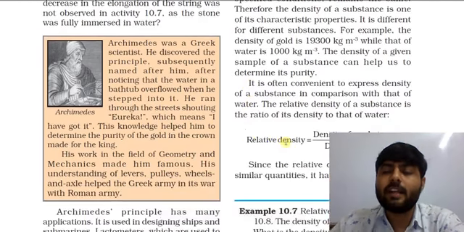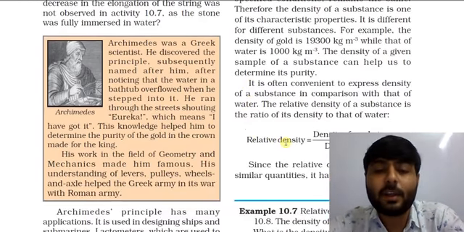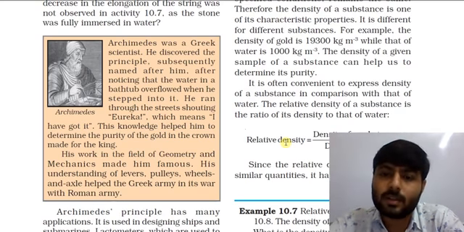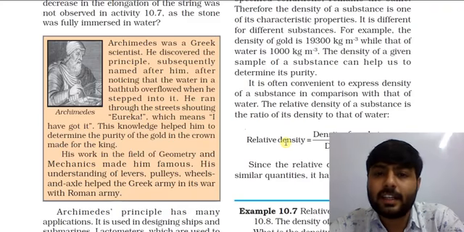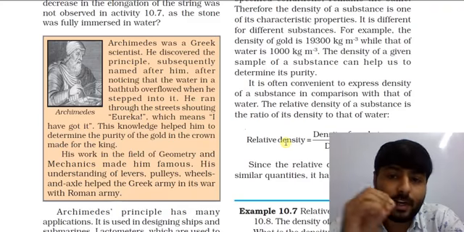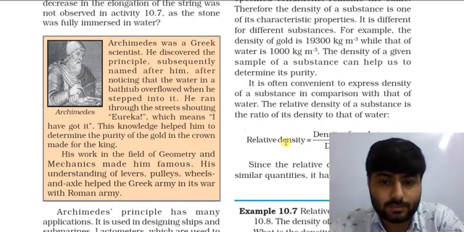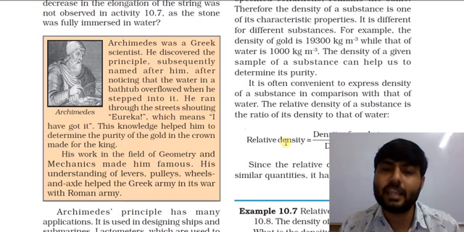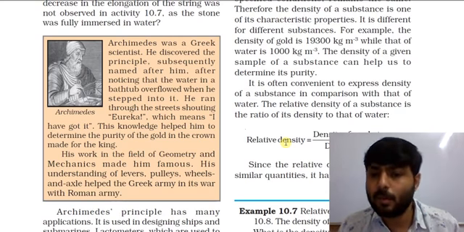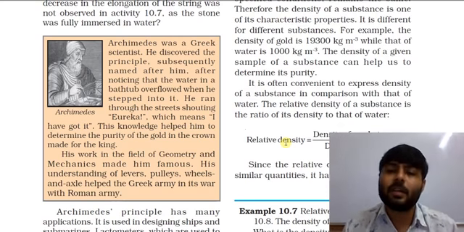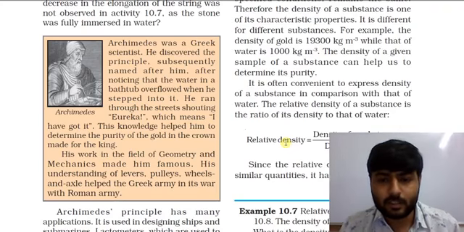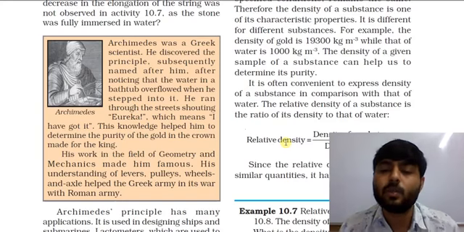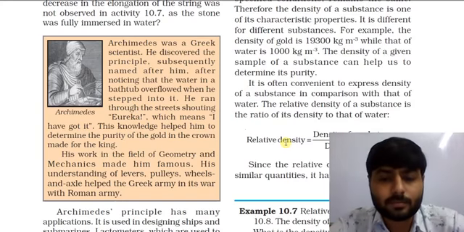It is often convenient to express the density of a substance in comparison with water. This is the particular density of that substance, but if we compare it with water, it will be easier to deal with some kinds of problems. So we have the concept of relative density. The relative density of a substance is the ratio of its density to that of water.